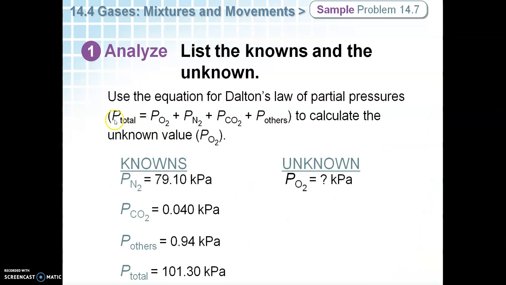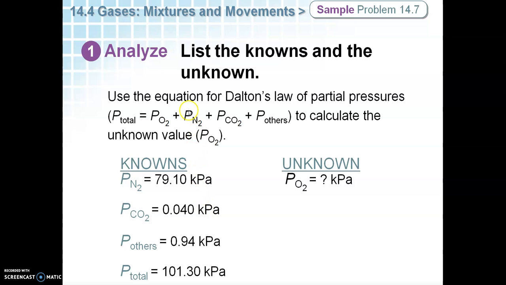Notice total pressure equals partial pressure of gas 1, oxygen, plus partial pressure of gas 2, gas 3, gas 4, the miscellaneous ones. And now, what do we know? We know the total pressure is 101.3. We're looking for partial pressure of oxygen. We know the pressure of the other gases, nitrogen, CO2, and miscellaneous. We know all those.